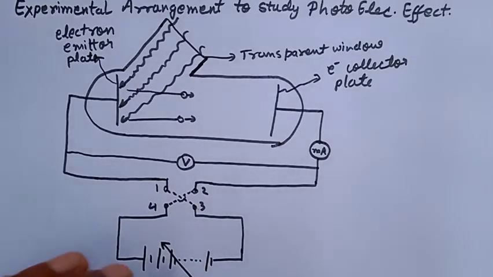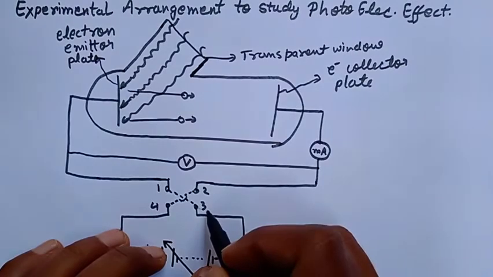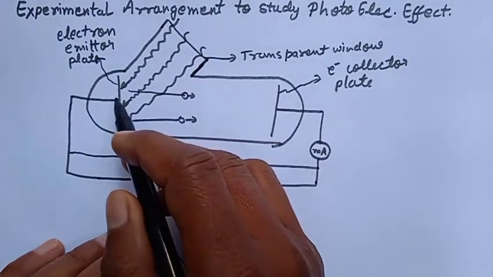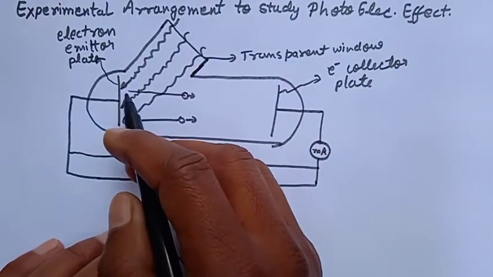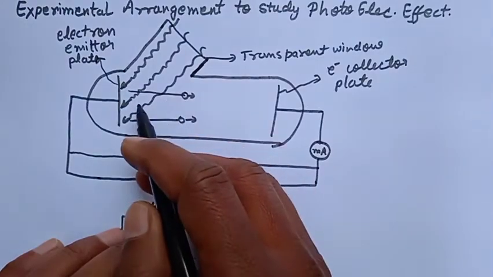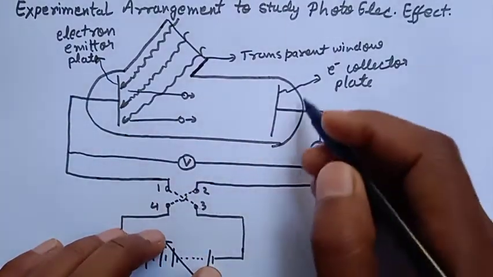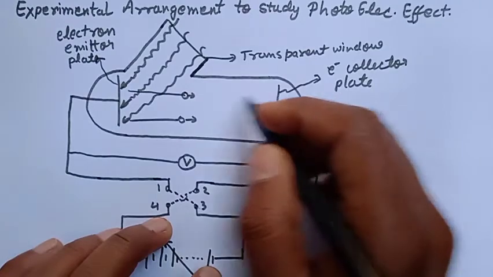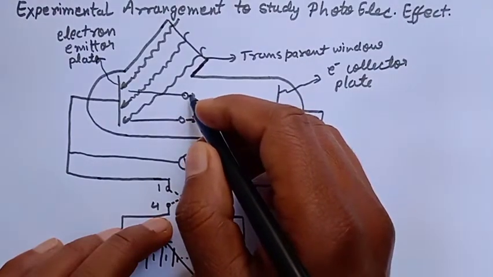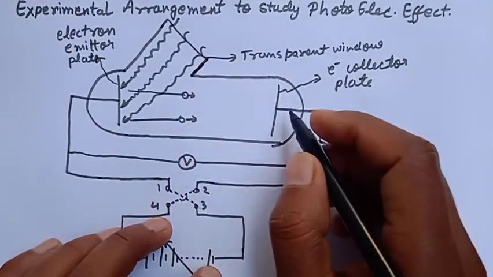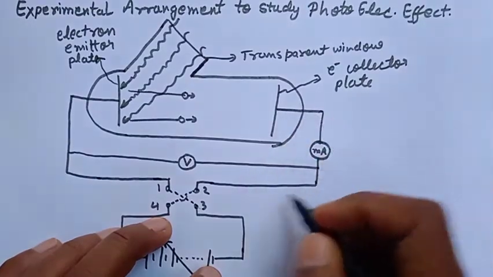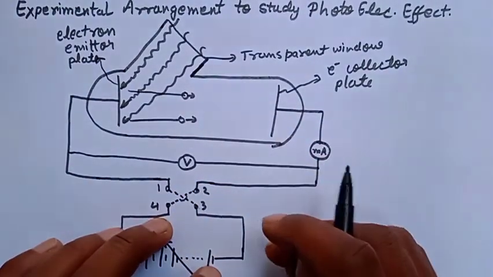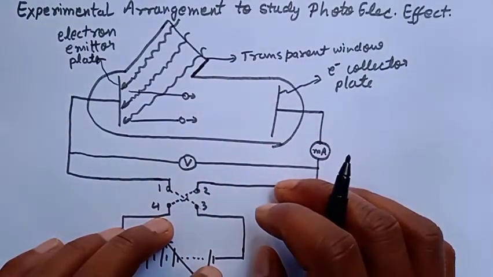If we have connected it to negative potential, then these ejected electrons will be pushed, and the collector plate is at positive potential. So it will attract these electrons, and there will be a photocurrent in the circuit.